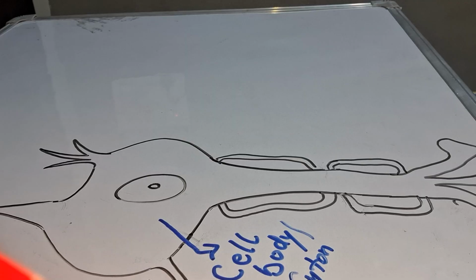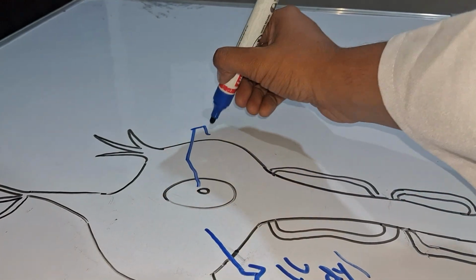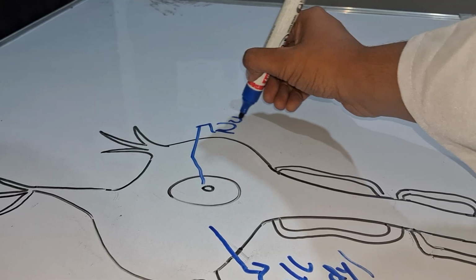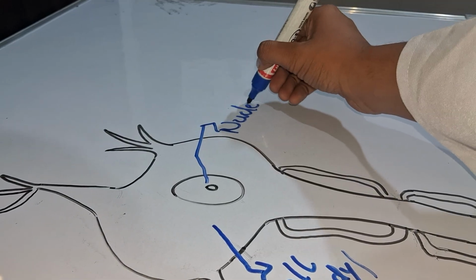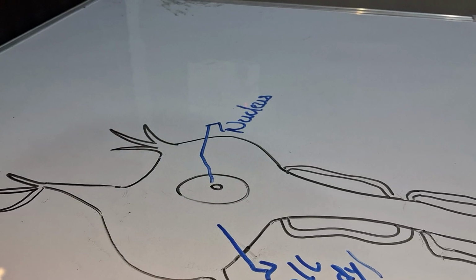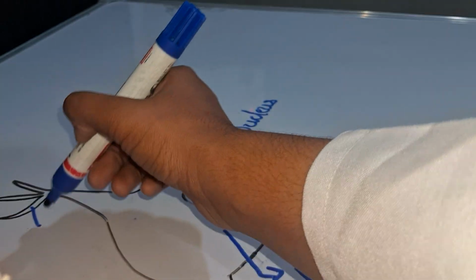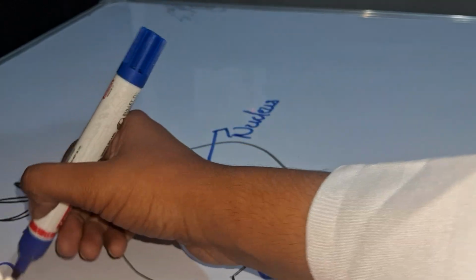Okay, and the central portion is called the nucleus. And these projections are known as dendrites.